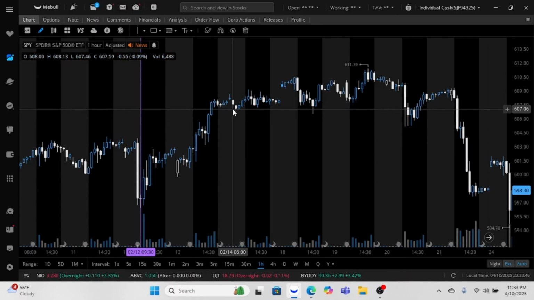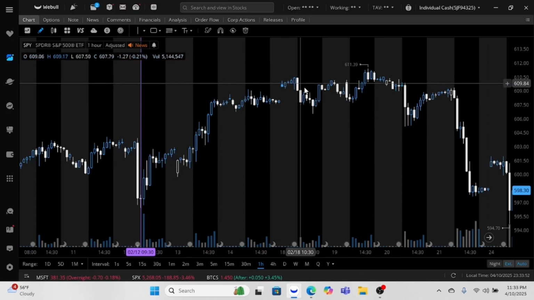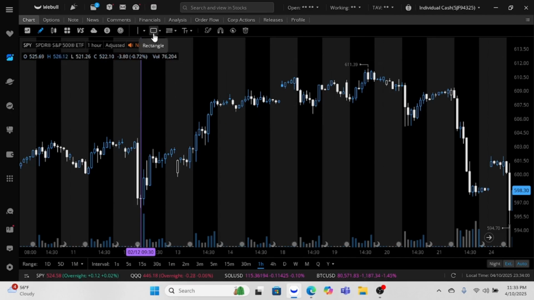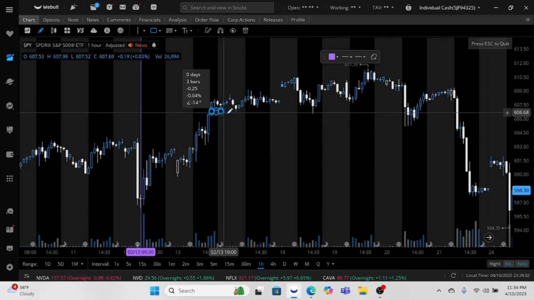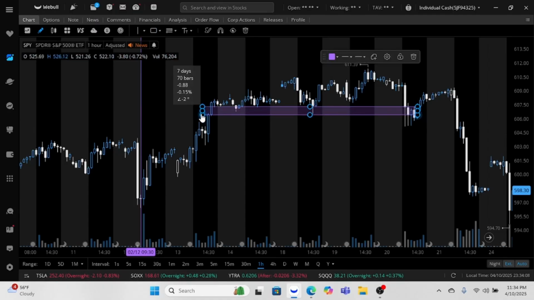It's holding these fair value gaps. The market structure hasn't broken. Now we come down. We're still respecting these fair value gaps in here. Still respecting that.